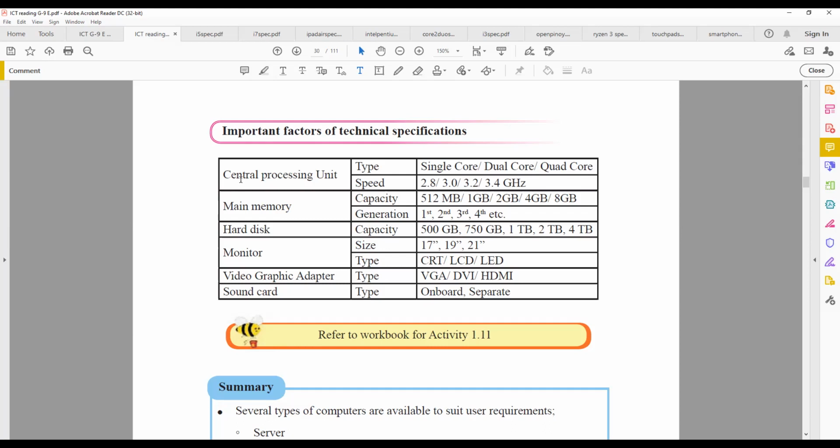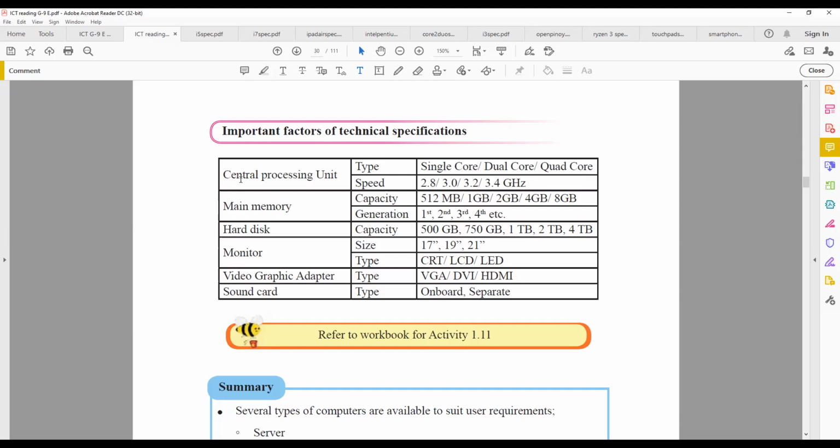Remember, we talked about video adapters: VGA, the traditional one, DVI, and the latest one called HDMI. Then sound card, there are different types. There are onboard sound cards, or you can purchase sound cards separately. So those are some of the factors of technical specification.